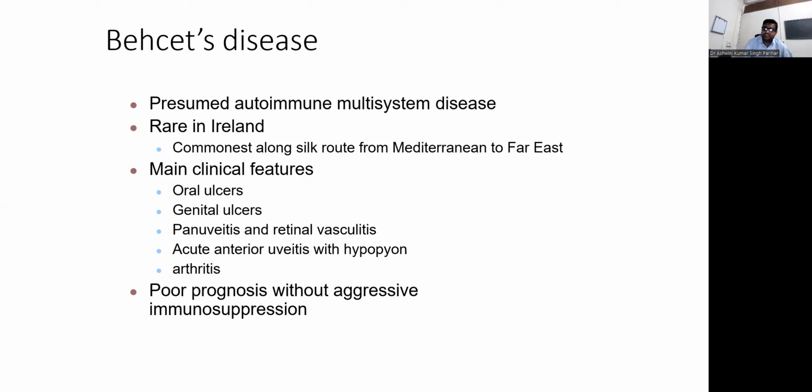The main feature the patient will present with is urogenital ulcers. The patient will have pan-uveitis features with vasculitis sometimes, anterior uveitis with hypopyon, and arthritis. Patients have to be treated with immunosuppression, but still patients with Behçet's disease usually have a poor prognosis.